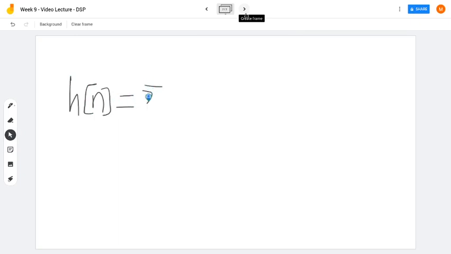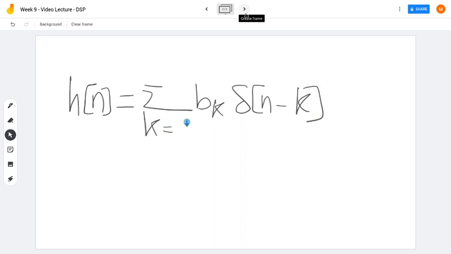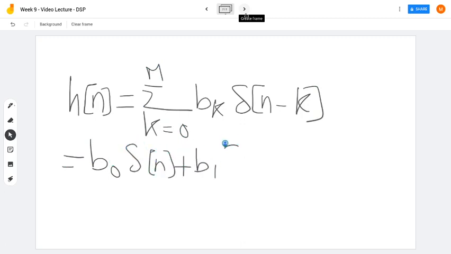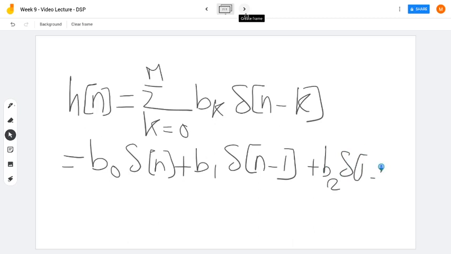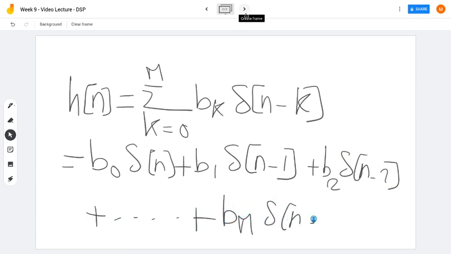So summation of bk delta of n minus k for k going from 0 up to m, which is simply b0 times delta of n plus b1 times delta of n minus 1 plus b2 delta of n minus 2 up to bm delta of n minus m.